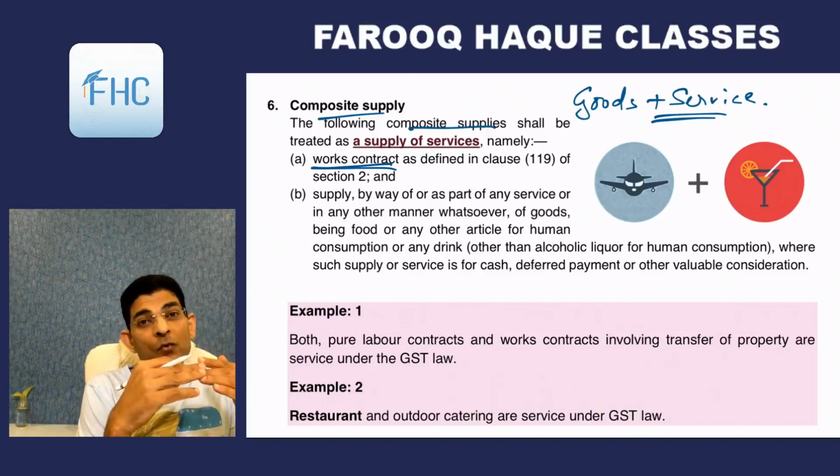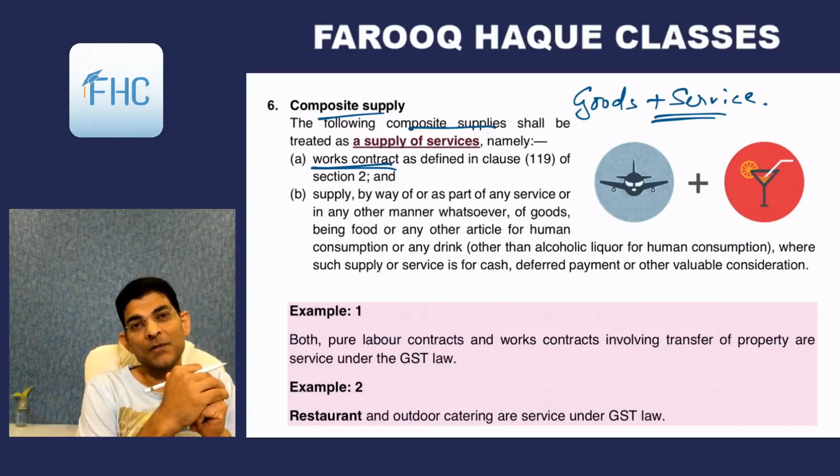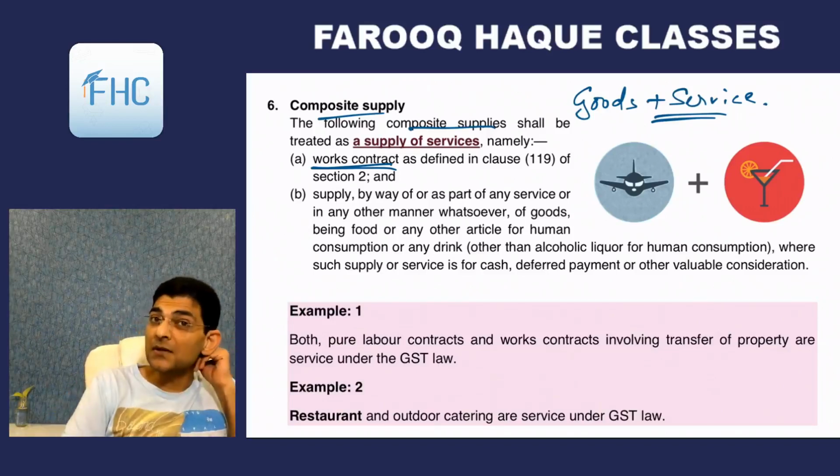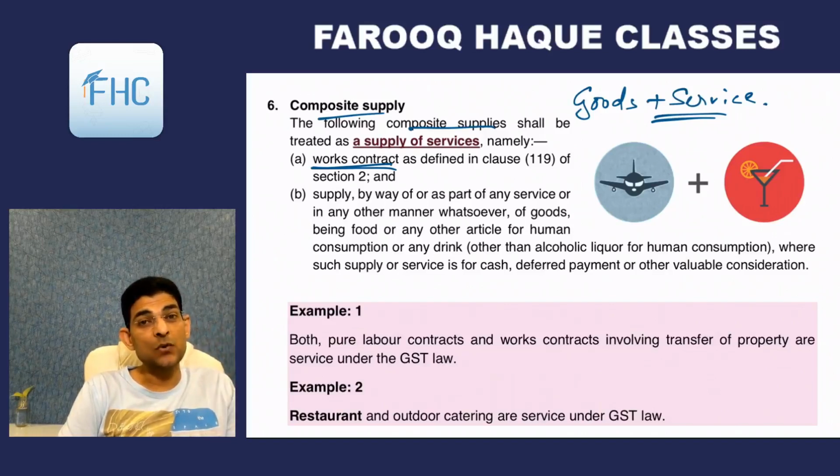We will not have to divide the value into goods and service. Remember this point. In earlier times, in the old excise and service tax regime, we had to divide the value in work contract. Part of the value was considered for goods and part for service. For the part for goods, you had to charge VAT and excise duties, and for the part for service, you had to charge service tax.